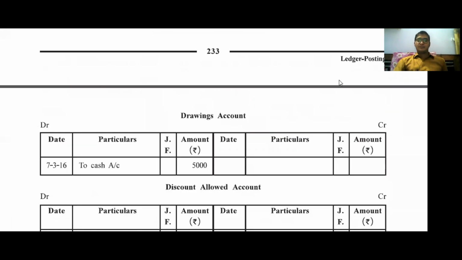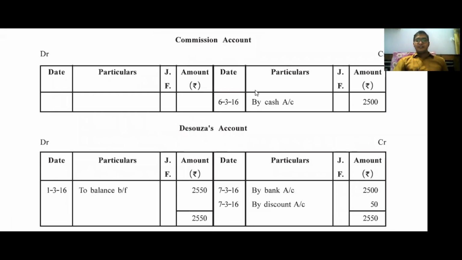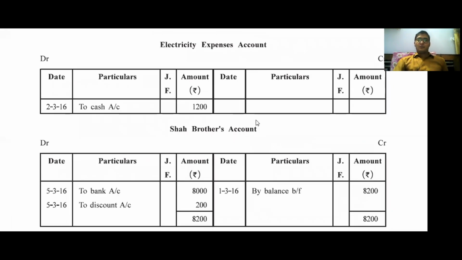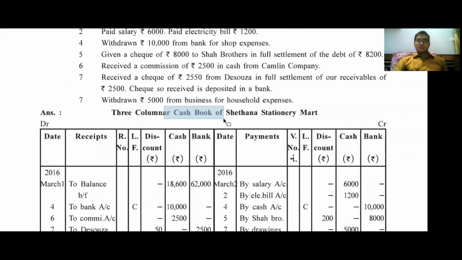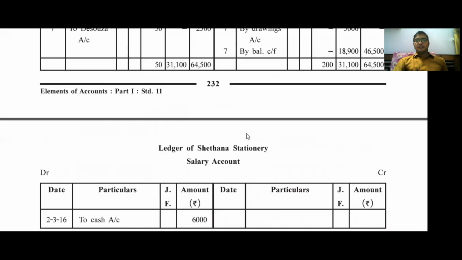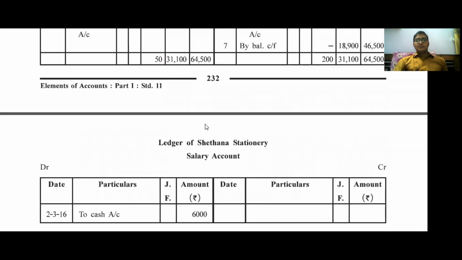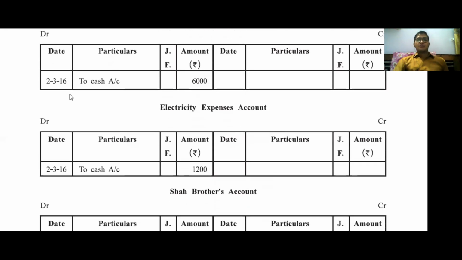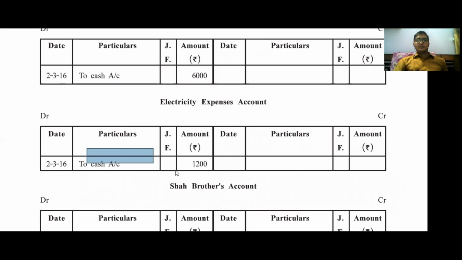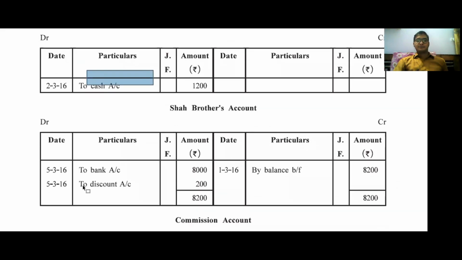Now remember one thing, in every ledger entry on the basis of this cash book, either it is on the debit side or on the credit side, we have to just write to cash, by cash, to cash, by cash, except if there is an entry related to the bank account, so to bank, or if it is related to discount, so we have to record it as discount.